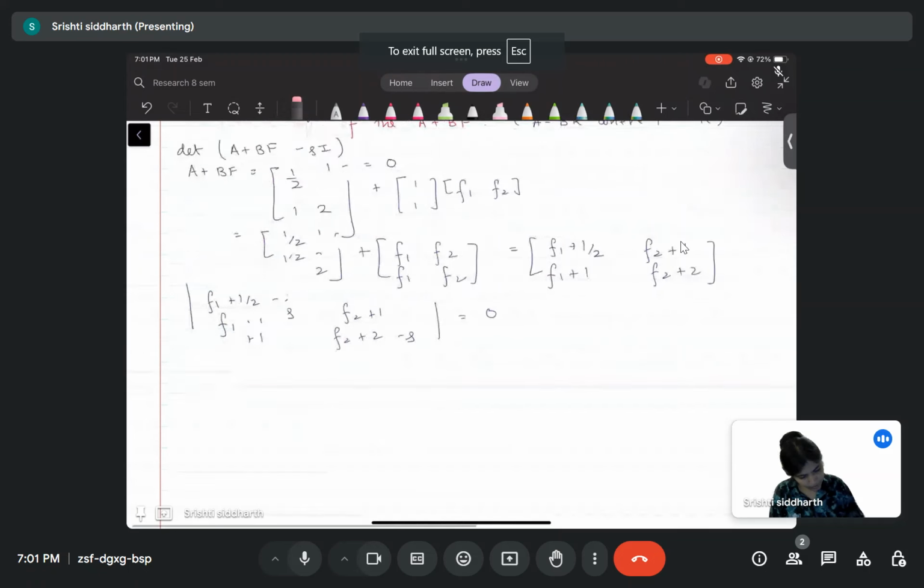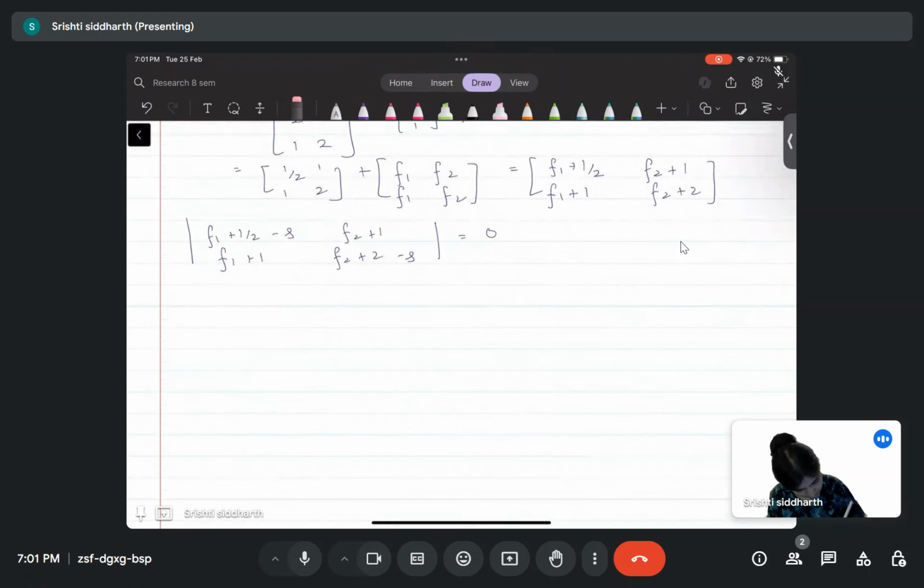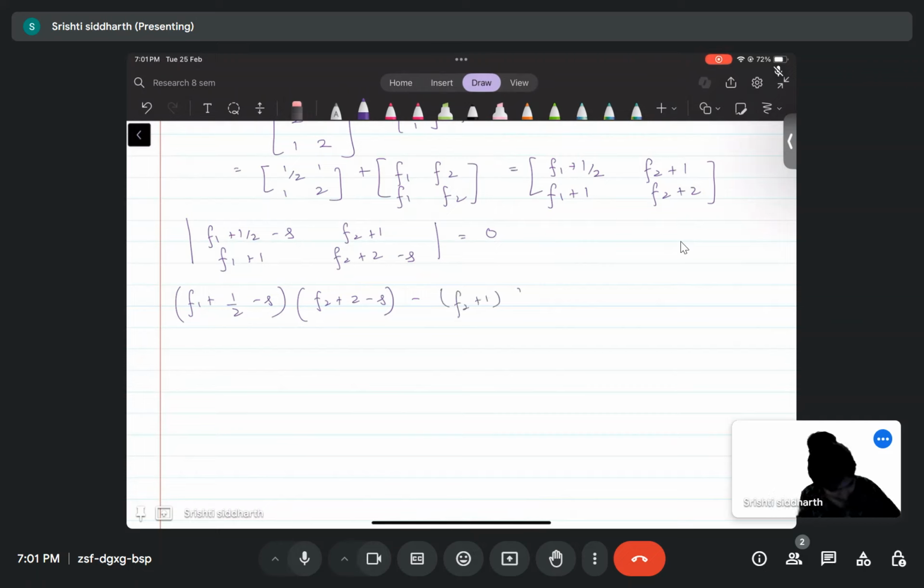Alright, so now let's compute the determinant. So this is 1 plus half minus s, f2 plus 2 minus s, minus the other product, should be equal to 0.